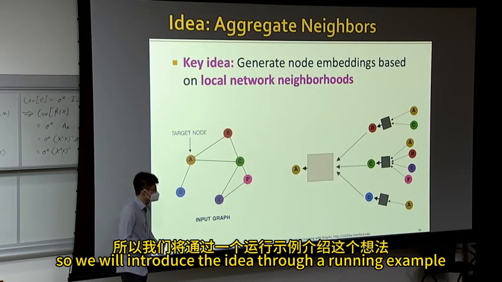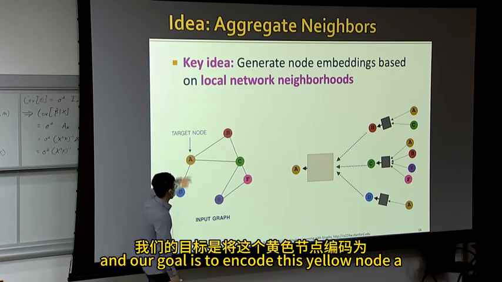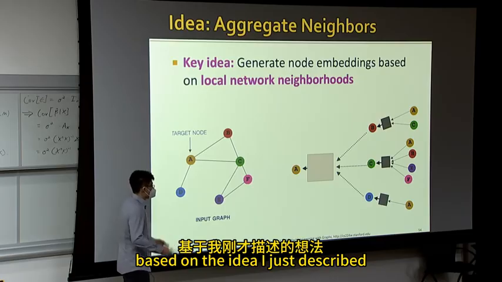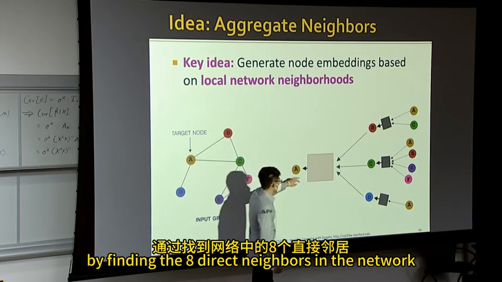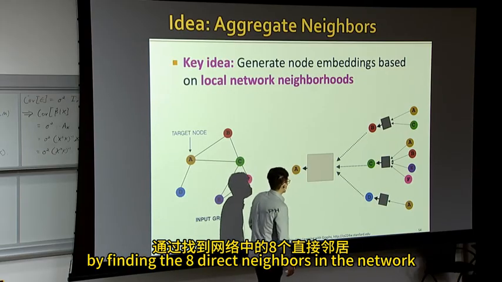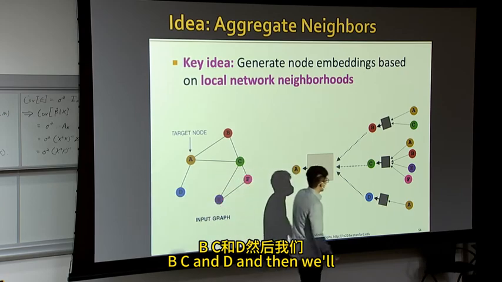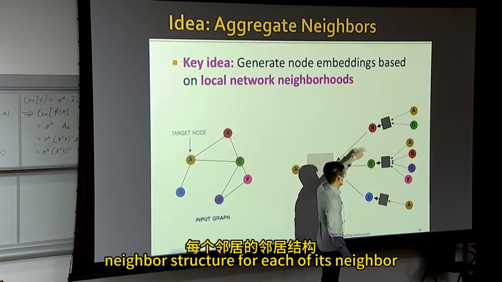So we will introduce the idea through a running example. This is an input graph, and our goal is to encode this yellow node A. Based on the idea I just described, we will unroll the computational graph by finding A's direct neighbors in the network, B, C, and D. And then we'll iteratively unroll the neighbor structure for each of its neighbors.